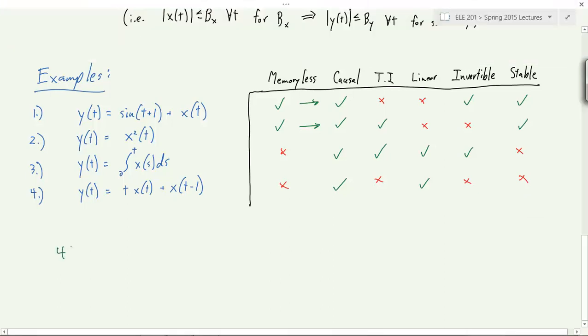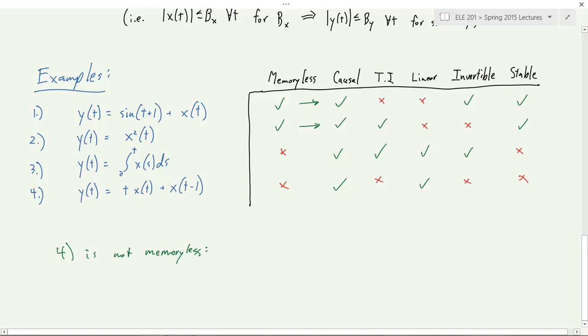So 4 is not memoryless. I'll first start by just saying in words why. Looking at that formula, y at time t doesn't just depend on x at time t. It also depends on x at another time, in this case t minus 1, not the current time. So in words, that's why I can identify that this is not memoryless.